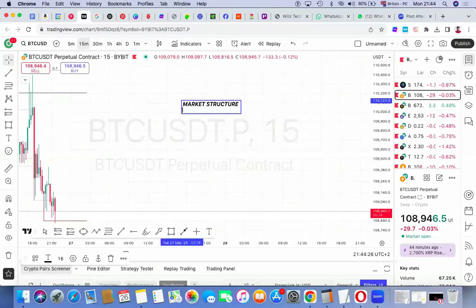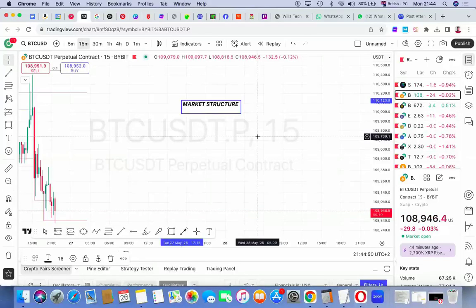We know that we have three types of structures in the market that determine the trend of the market. So we have three types of trend in the market. We have uptrend, we have downtrend, and we have consolidating markets.